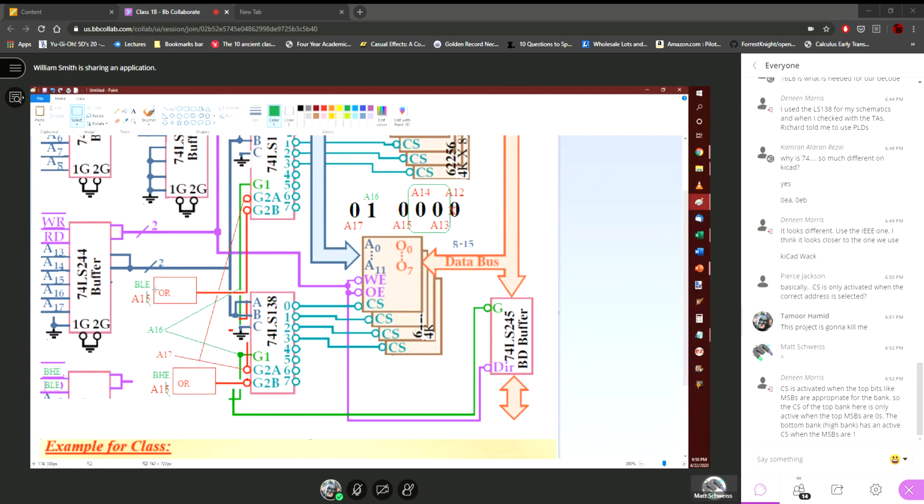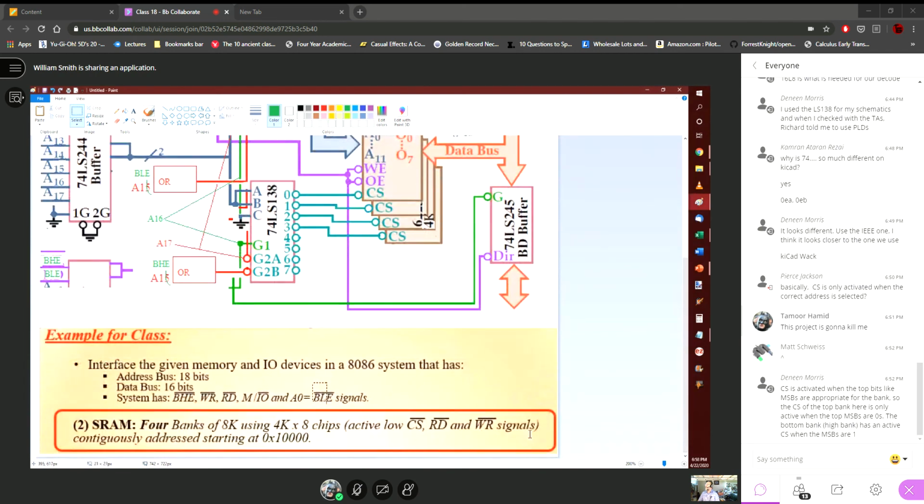BLE is a 0. So when BLE is a 0 and A15 is a 0, you're going to be selecting this guy here. So when you've got your address that ends in 0, the lower part, that's where it's coming in here. This thing right here. When address 0 is BLE. Okay.